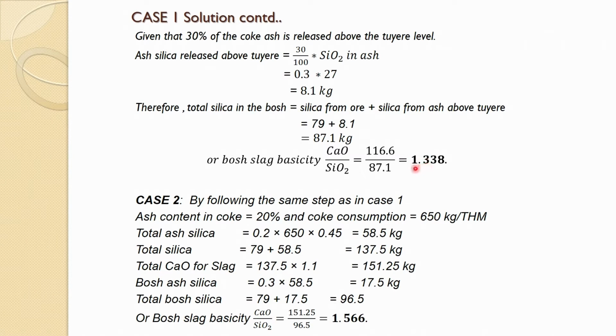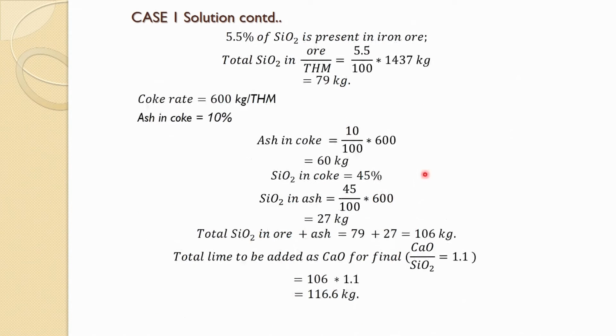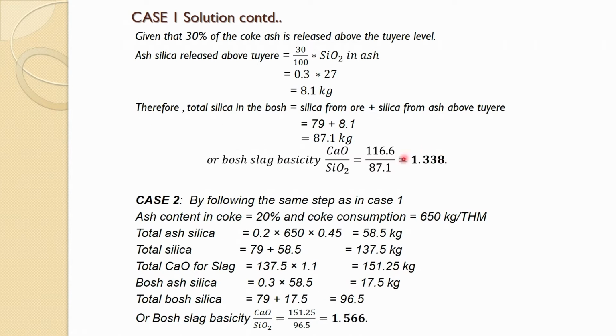So, you can see the final slag basicity is given 1.1, that is actually in the hearth region, and in the Bosh region the slag basicity is 1.34. So, higher than the final basicity.